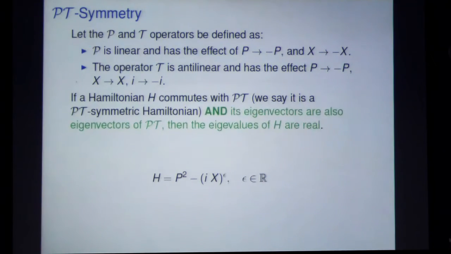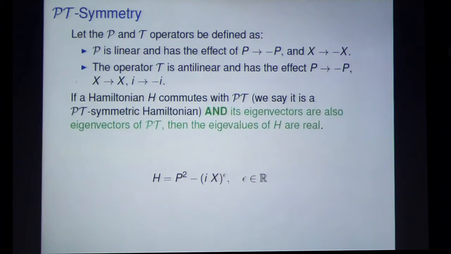So, briefly, what PT symmetry says is that sometimes Hermitian systems could be not enough, and we have some examples. So first, let's say that P is a parity operator.